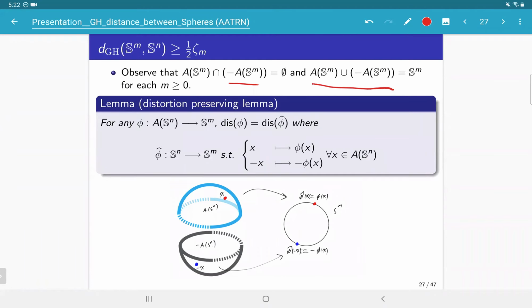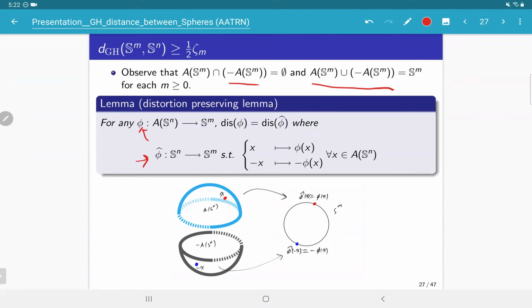So with this notion, now we can state the following technical lemma. It's simple but very useful. For any map phi from A of Sn to Sm, the distortion of phi and the distortion of the map phi hat are the same. But what is this map phi hat? Phi hat is the map from the whole Sn to Sm extending the original phi, and it is defined in the following way. If the input is x, where x is already in A of Sn, the output is just phi of x, the original phi of x.